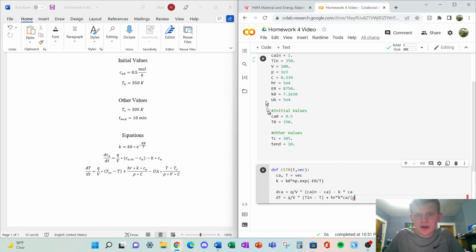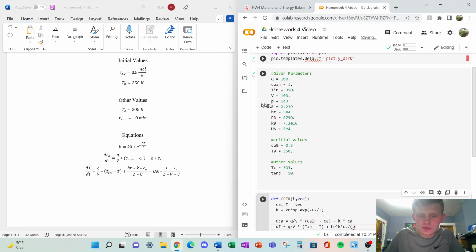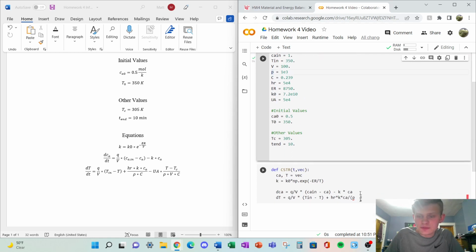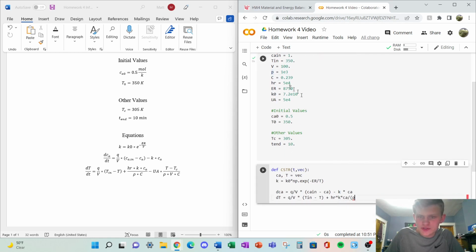One thing I should point out: this is technically supposed to be the Greek letter rho, but I'm just naming it P because pressure isn't a problem in our tank right now, and the Greek symbol looks similar to a P, so I'm calling it that to avoid confusion.